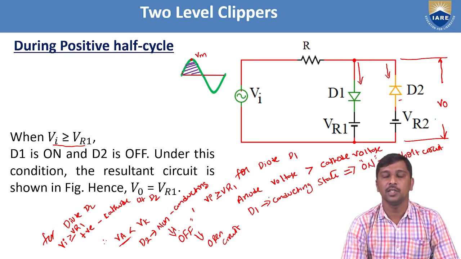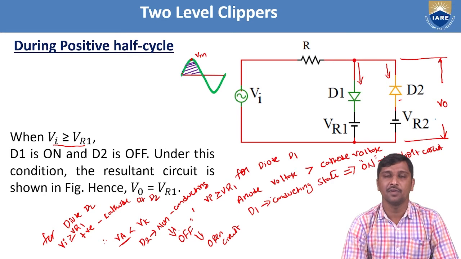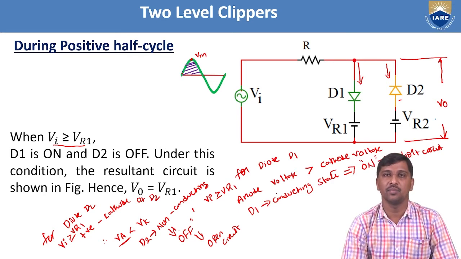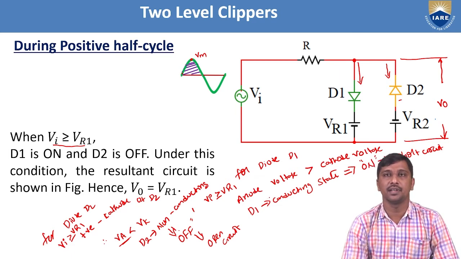Hence, we need to replace D1 and D2. Here D1 is replaced with a short circuit model, because diode D1 acts in conducting mode here. And with respect to this applied input, diode D2 acts in non-conducting mode. Hence, D2 is replaced with an open circuit.